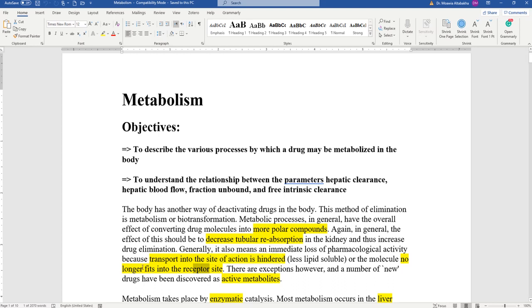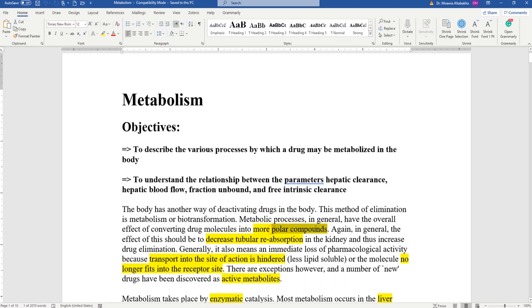Why? Because it doesn't fit the receptor. To fit the receptor, the molecule has to have certain characteristics, a certain geometry, a certain shape.